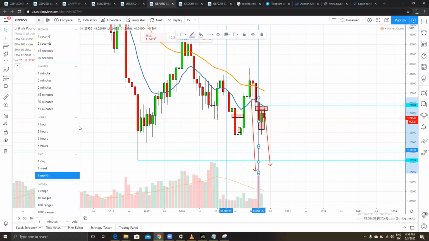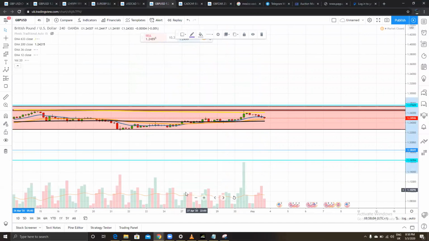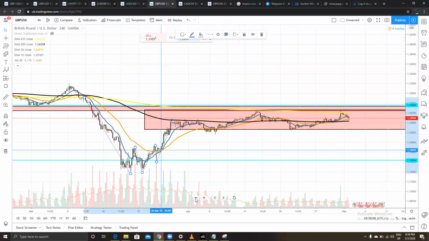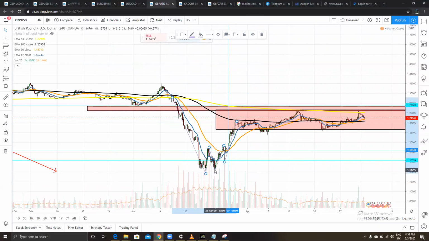Right, so when we go back to the 4-hour now, the same concept works on all time frames. We made a low over here, we made a higher low over here. That is alerting us to the fact that these traders that make this low on the 4-hour time frame do not have enough strength to continue anymore, okay?